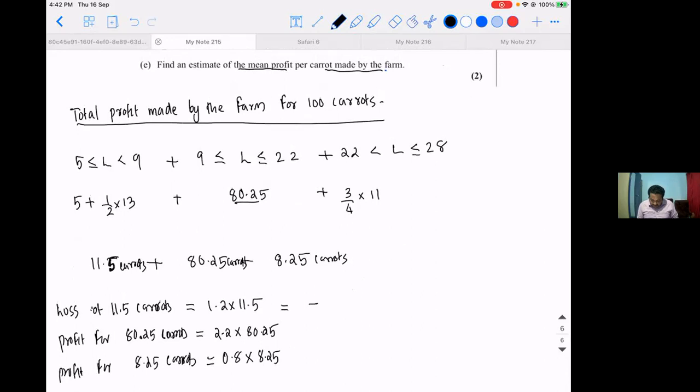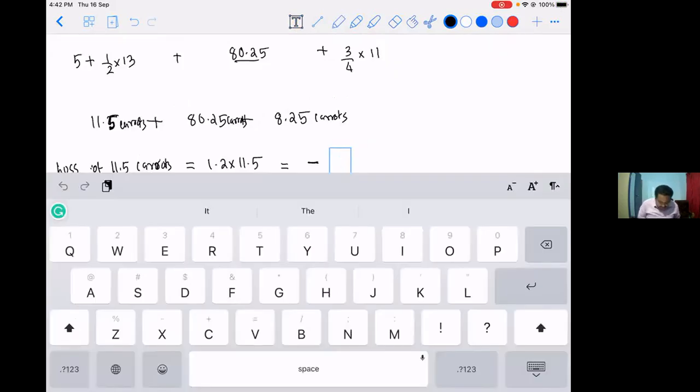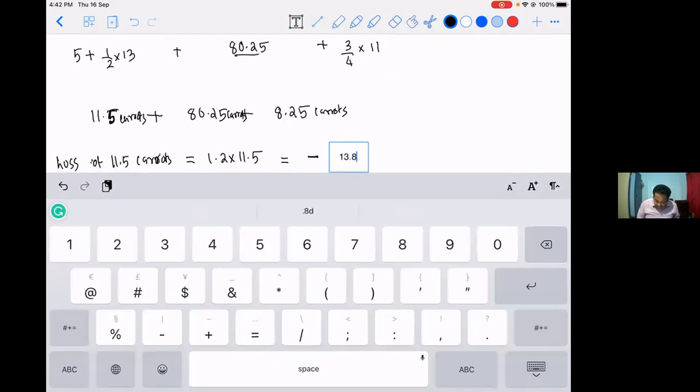Since it is a loss, we will put a minus. Since it is profit, this is plus. This is also plus. So what is 1.2 times 11.5? This is minus 13.8. So substitute all these values and calculate the final answer. So this value is minus 13.8.